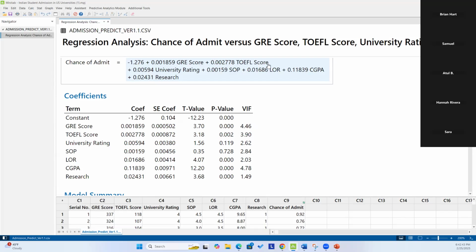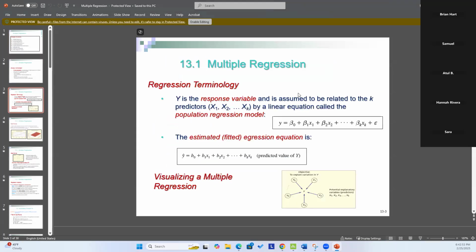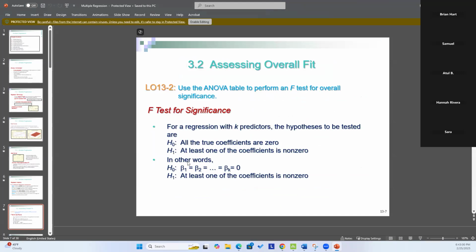So first, we have to make the hypothesis, and based on that, let me show you here. Can you see my slide part? Yes. Okay, so on the slide, the null hypothesis says all the true coefficients are zero, meaning all these intercept and all these constants are zero.